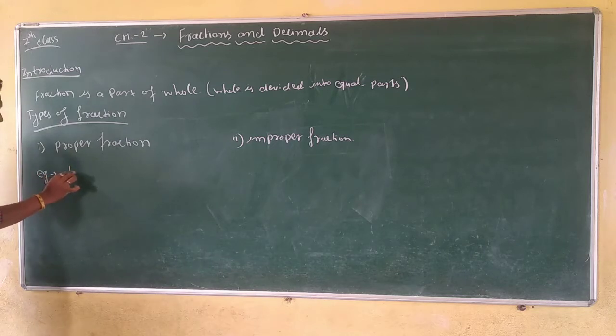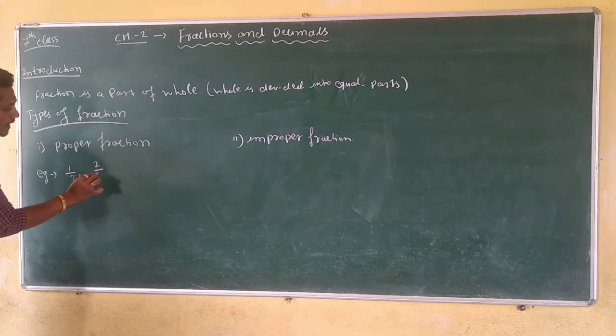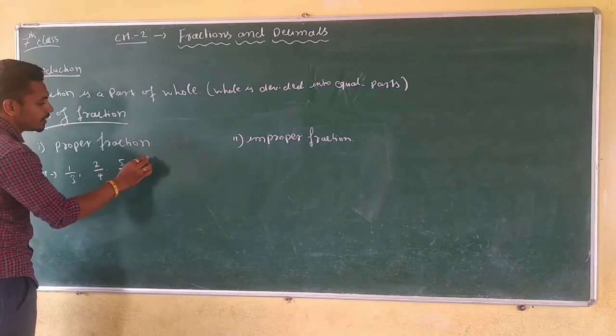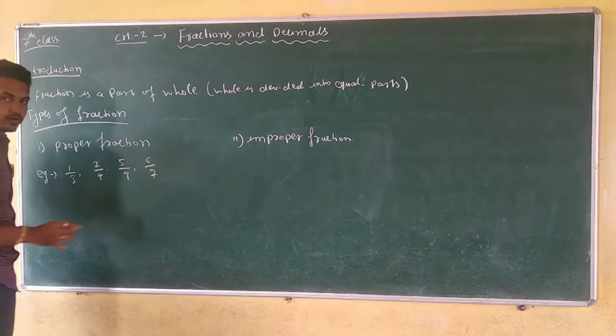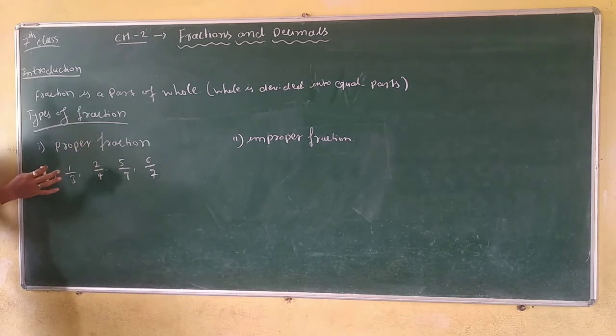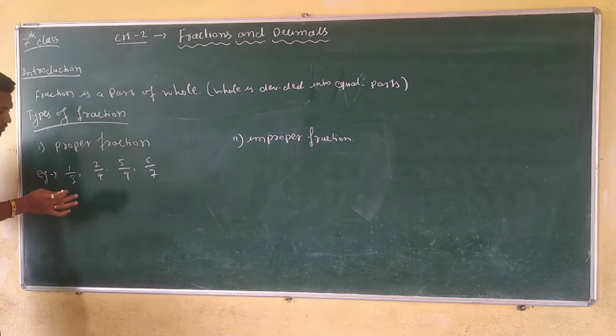I will give some examples of proper fraction. 1 divided by 3, 2 divided by 4, next 5 divided by 9, next 6 divided by 7. Now see here, these are all examples of proper fraction. Just observe these examples. 1 is called the numerator and 3 is called the denominator.